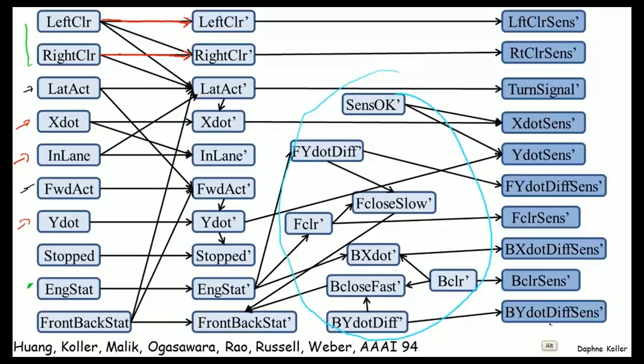And finally, we see a large number of sensor observations, such as turn signal, whether the car is clear on the right and on the left, or appears to be clear on the right and the left, and so on. So this is a much more realistic model of how traffic evolves than the simplified one that we saw before.